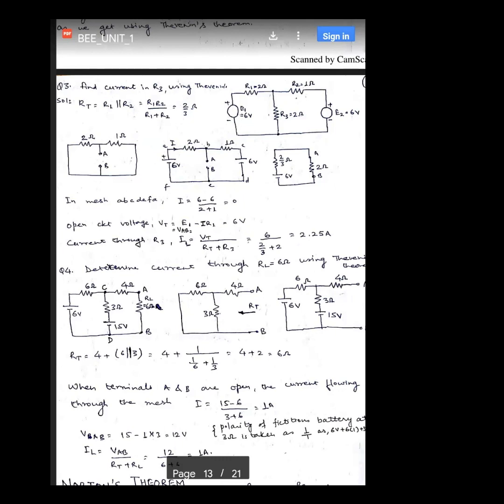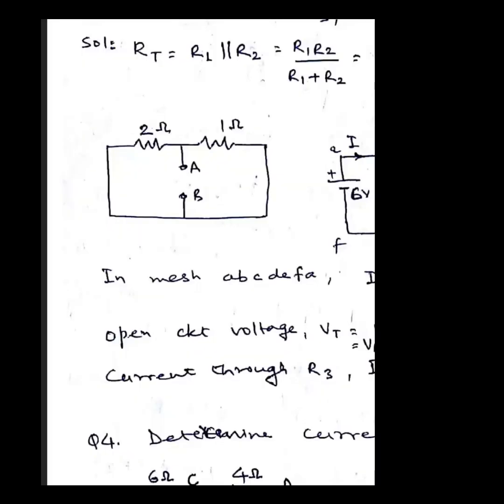To calculate the Thevenin resistance, what we are required to do: the R1 and R2, which are designated as 2 ohms and 1 ohm, will be parallel, because according to the Thevenin theorem, when the load resistance is open circuit, then the Thevenin resistance is to be calculated from the load resistance into the circuit.